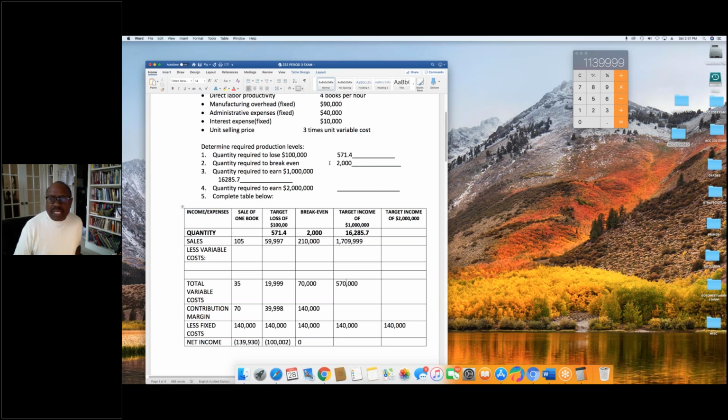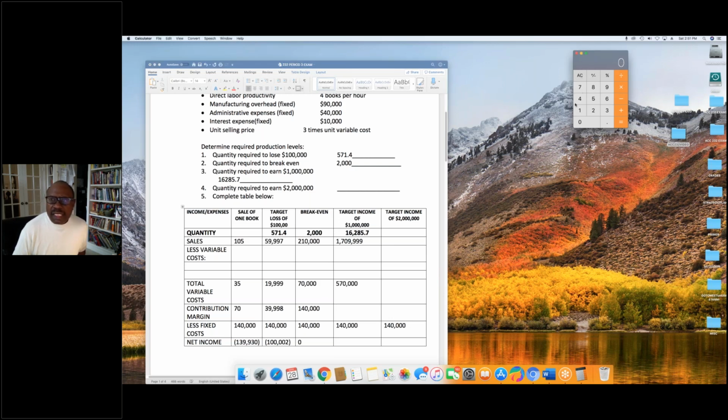This is going to give us a contribution margin of... It looks like I've done something wrong here.